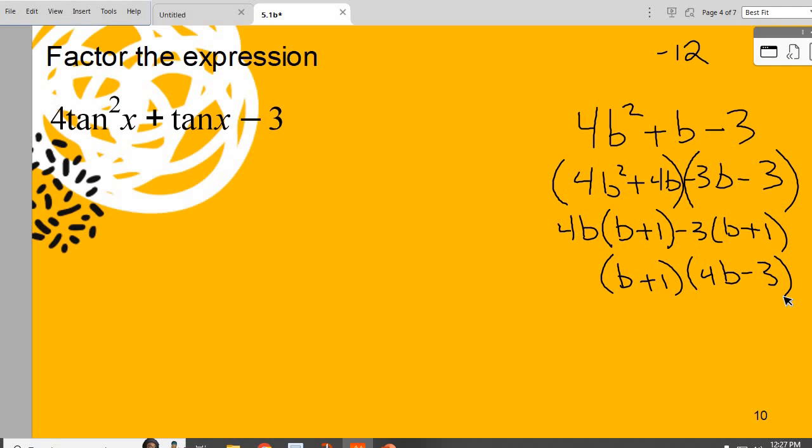But remember, at the end of the day, we didn't actually have b's. We had tangents. So we're just going to rewrite that and substitute tangents in for our b's. So this would be 4 tangent of x minus 3. And again, they just asked us to factor, so that is my answer.